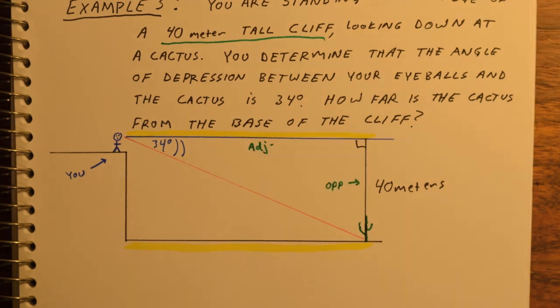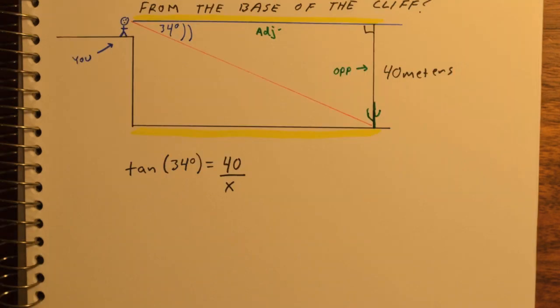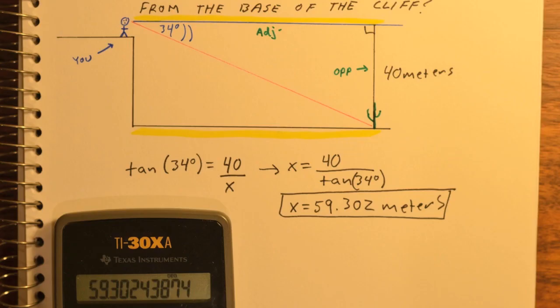We want to find the adjacent, and so the tangent of 34 degrees is 40 divided by x, which means x is 40 divided by the tangent of 34 degrees. And so we get that x is 59.302 meters. So therefore, the cactus is that many meters away from the base of the cliff.